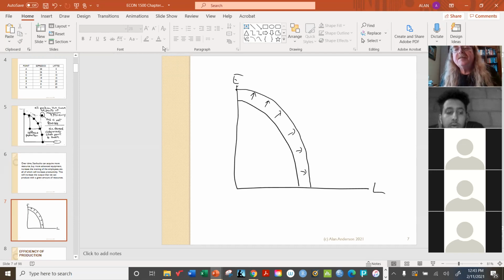So in other words, the same number of employees can produce more espressos and more lattes. So a point that was previously unattainable, like this one, is suddenly now a point of maximum efficiency. So all of a sudden, I can have more espresso and more latte than I did before because of increased productivity.